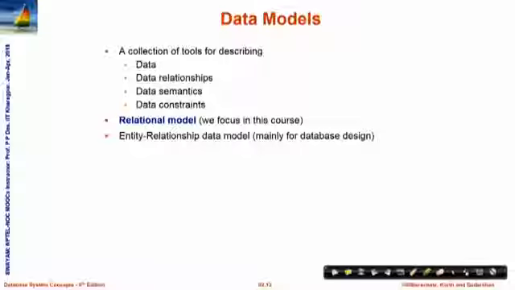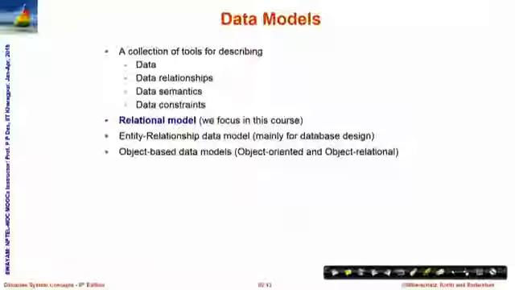So, we will talk briefly about the ER model and show you how to do modeling of the real world in terms of ER diagrams. But they are not actually models which the database systems directly use, they are subsequently converted to some relational or other model, which the database systems will use.